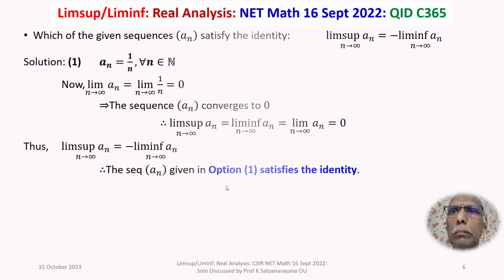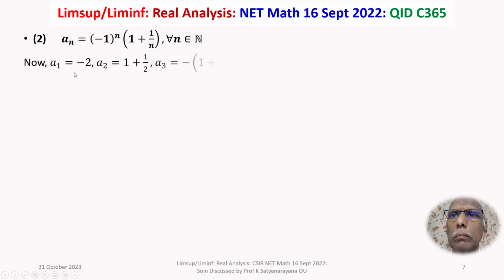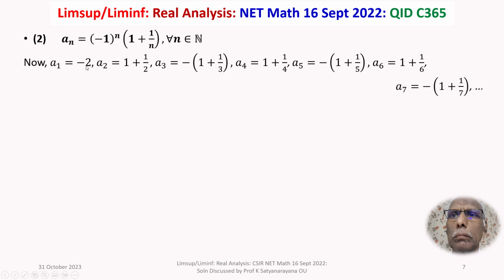We move to the second sequence. The nth term is given as a_n equal to (-1)^n times (1 + 1/n) for all n belongs to N. Now, let us write down the terms. A1, put n equal to 1, it will be -2.